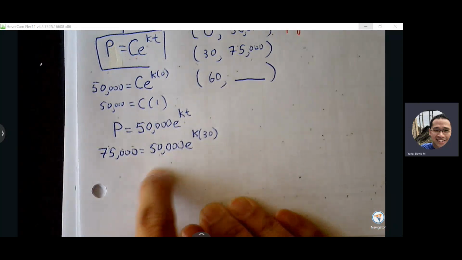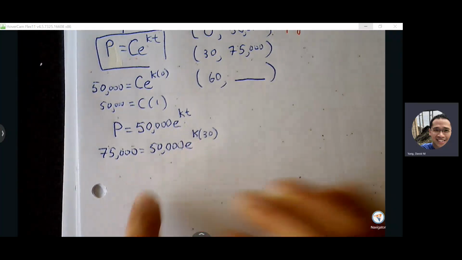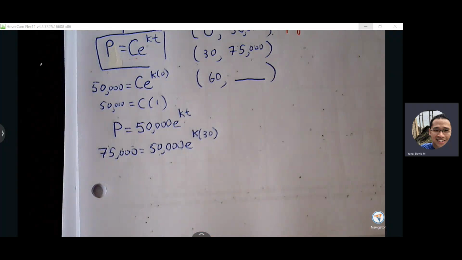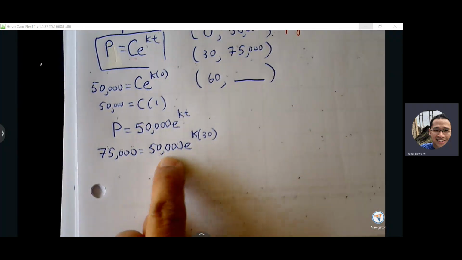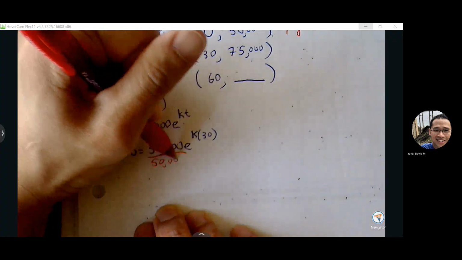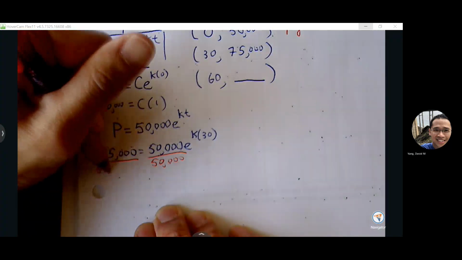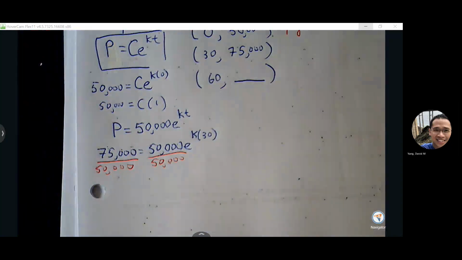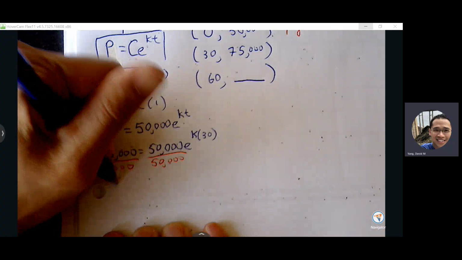I think the easiest thing to combine together, we want to solve for K. So little by little, I want to strip things away to the other side. So I'm going to move that 50,000 over. So 75,000 divided by 50,000, I can use my calculator. It's going to reduce down to 1.5.